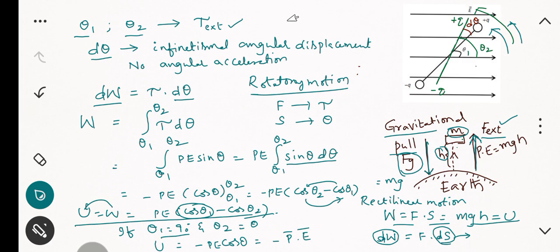We know that A bar dot B bar is equal to AB cos theta, so PE cos theta can be written as P bar dot E bar. This is the electrostatic potential energy stored in an electric dipole when placed in uniform electric field.